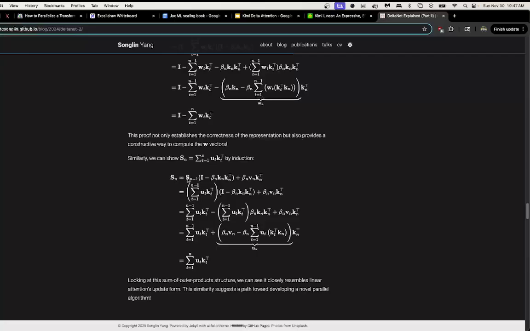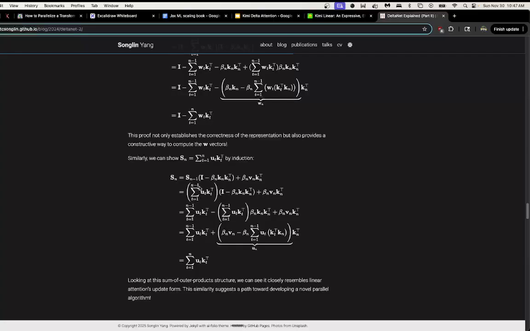We plug in the previous state times the new transition matrix to do the quote-unquote erasure of the key in question before adding the new key-value mapping. Since we're assuming n minus 1 is true, we plug in the summation from 1 to n minus 1, and then we still have the rest of our terms from the previous step.